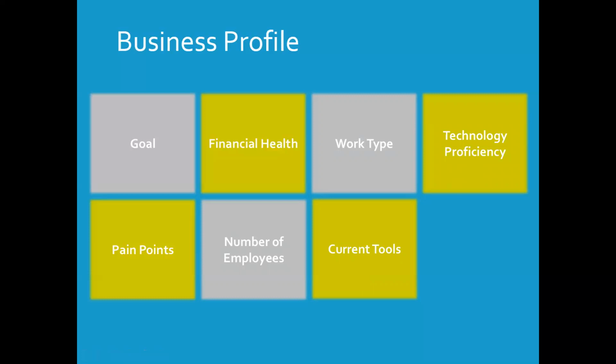The reason we do this is because if we have a high number of individuals who are very technology proficient, then we can look at an app that is probably a little bit more complicated, that has more automation, because we know people will pick that app up a little bit easier, and they will adapt to that change a little bit easier.